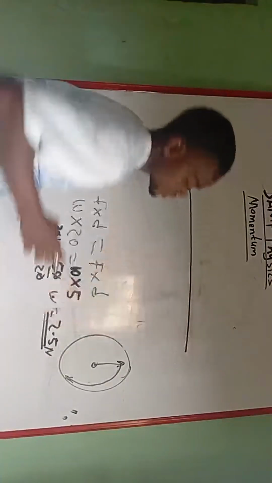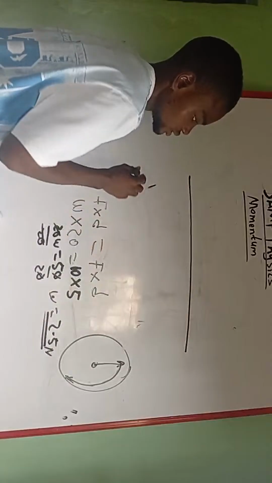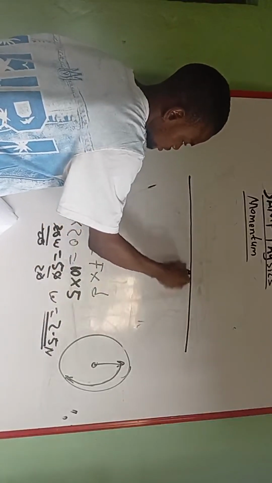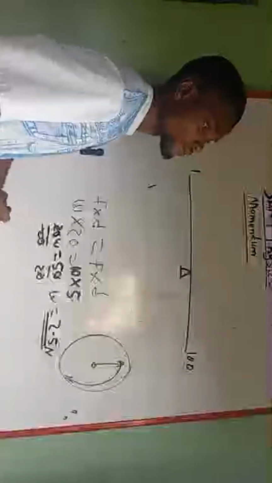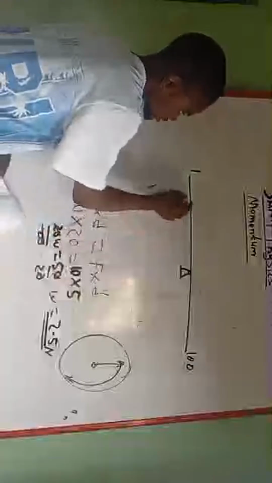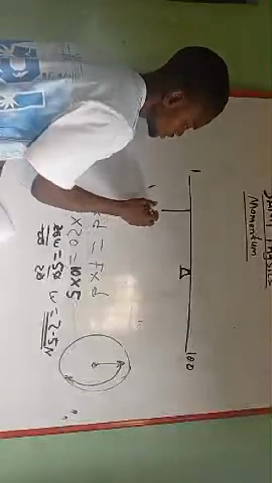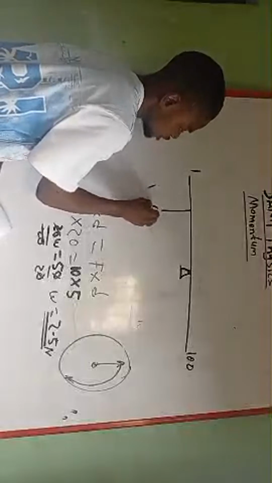So let's say we have something here, and in this line, let's say that this is the balance point, and now we are saying from 1 to 100 meter edge. So if the 100 meter edge, what are we going to have here? Now let's assume that here there is a force, and this force is unknown.